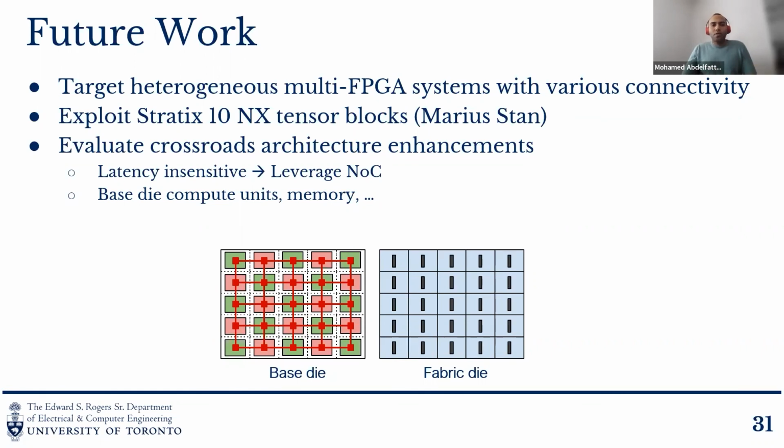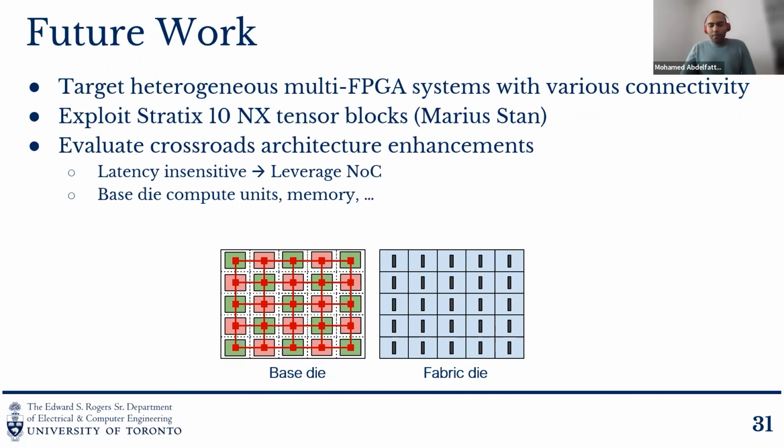We might target heterogeneous multi-FPGA systems with different memory/compute resources on different FPGAs to handle this imbalance in distribution from the CNN layers. The second and more important point is exploiting the new Stratix and tensor blocks. And this is actually being done right now by my colleague, Marius Stan, who has made very good progress on this one. And he will give a session on that next Friday, I believe.